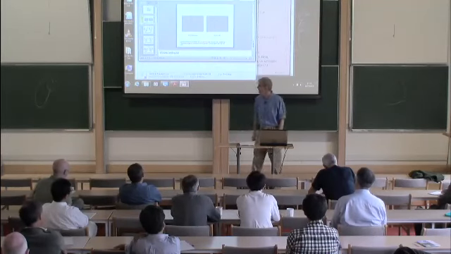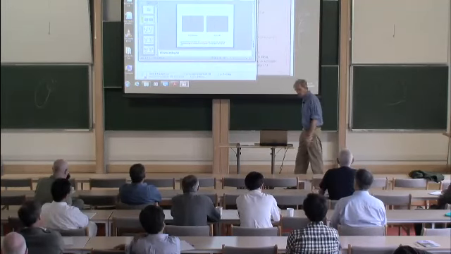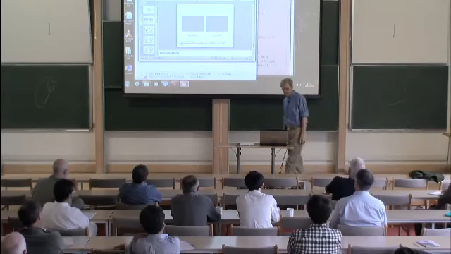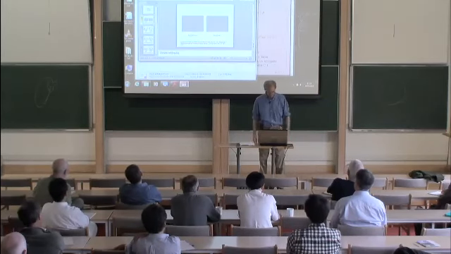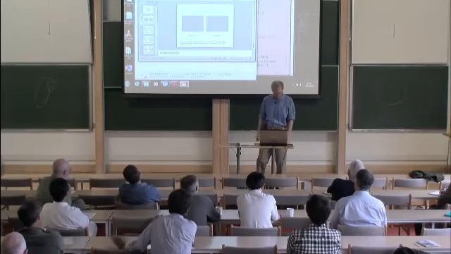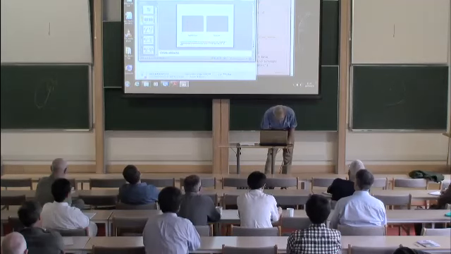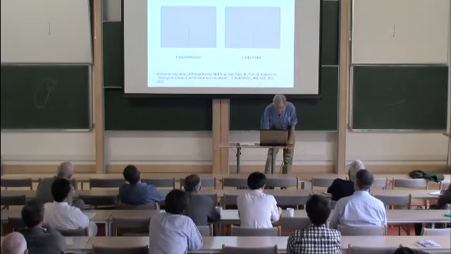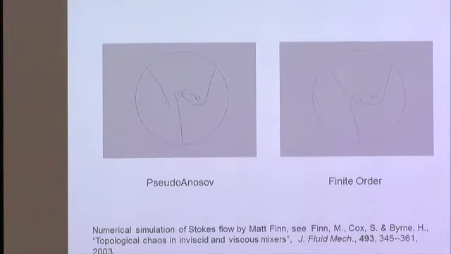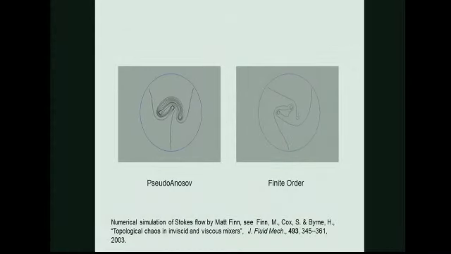I'm going to show you an old movie that goes back to the last time I was here talking, but I think it illustrates the main point very clearly. You can think of this as fluid stirring; in fact it is quasi-stationary Stokes flow, a numerical simulation.